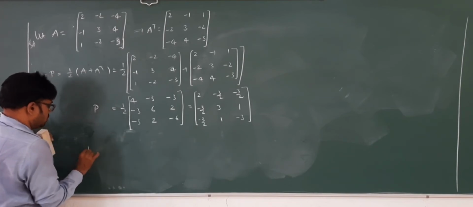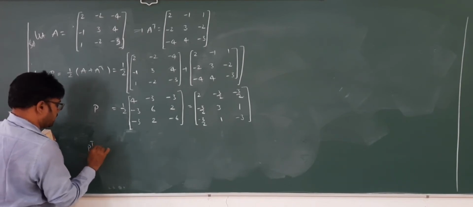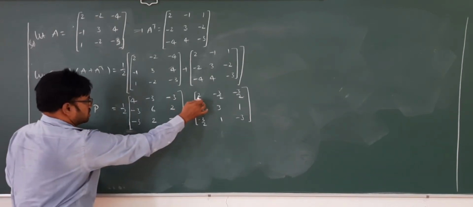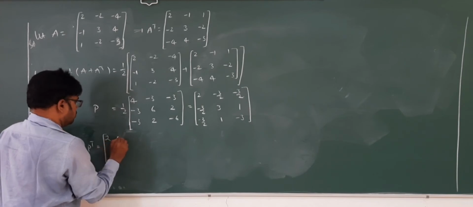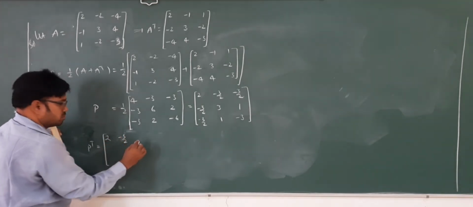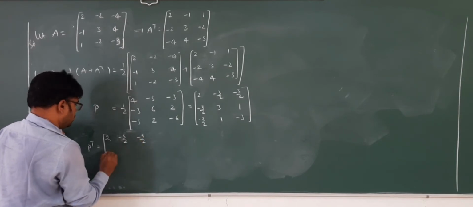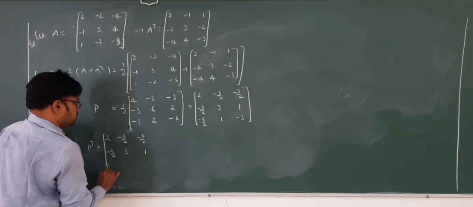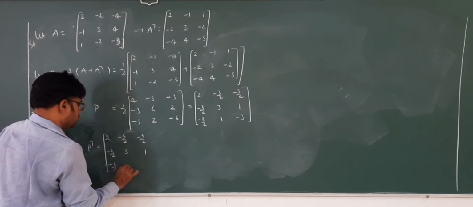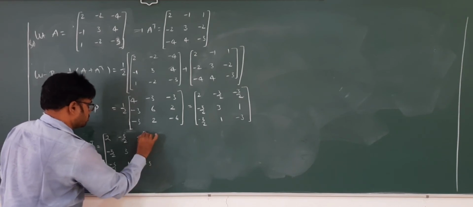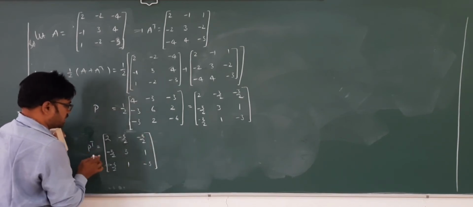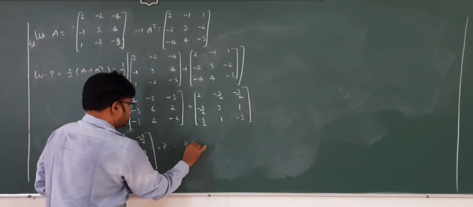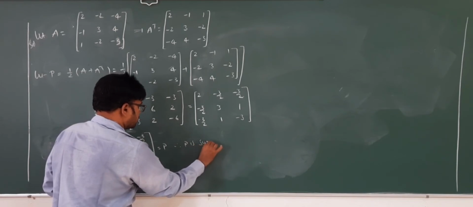Now we take P transpose: [2 -3/2 -3/2; -3/2 3 1; -3/2 1 -3]. So P transpose again gives the same matrix P. Therefore P is symmetric.